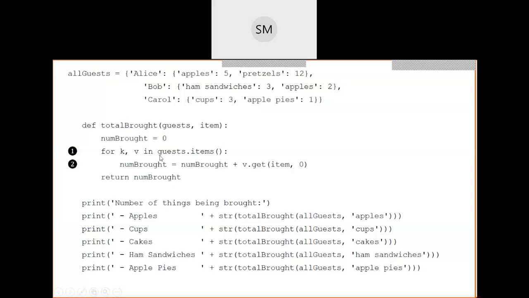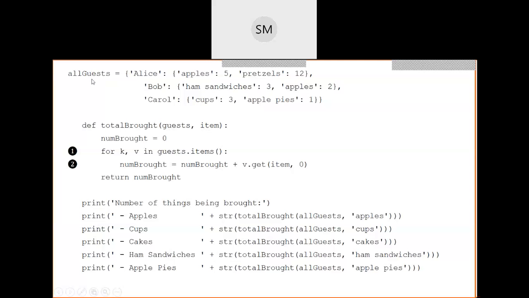And where we are using this for loop, in guests.items(). So here in the function arguments, what I am using, guests and item. So here also we are using that variable as guests.items(). It means that this guests is nothing but this allGuests only.